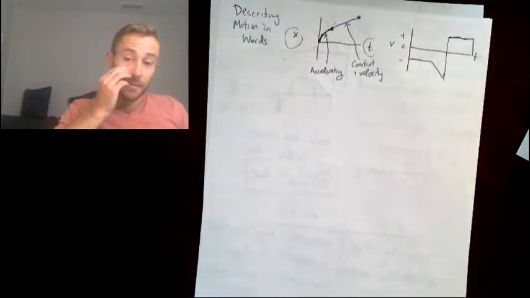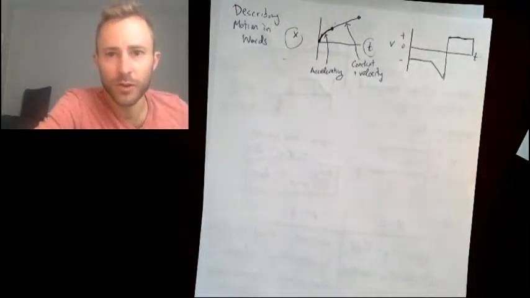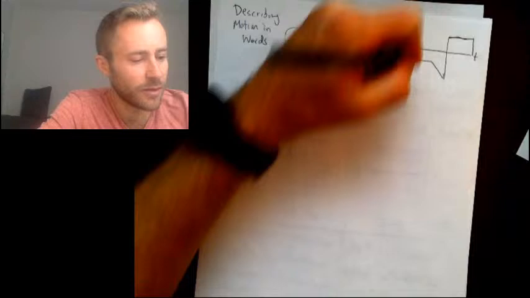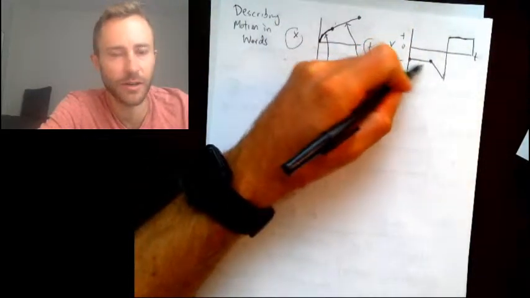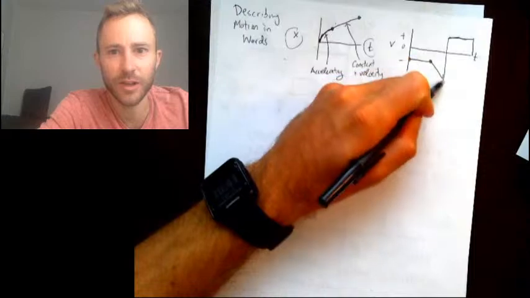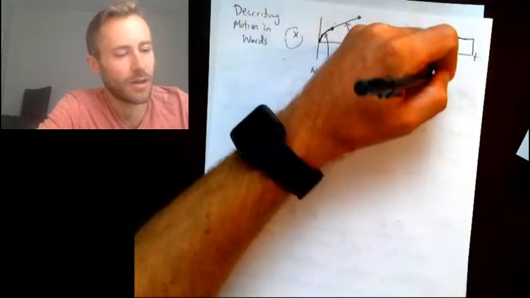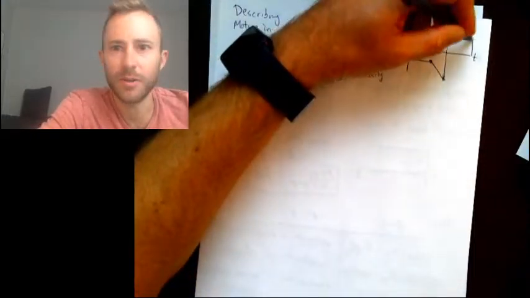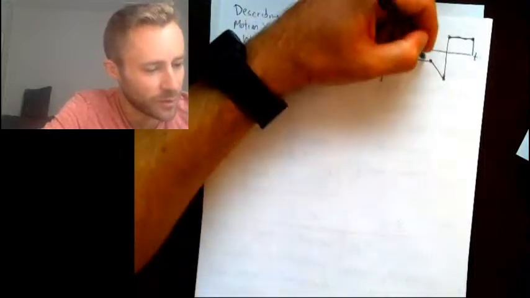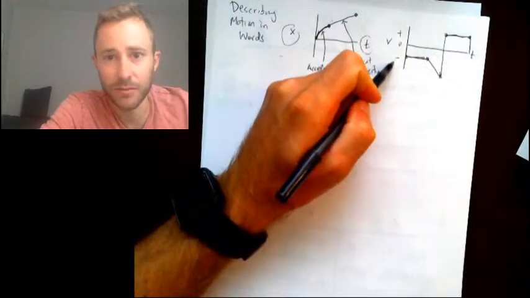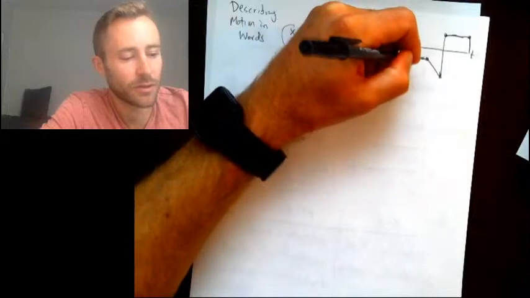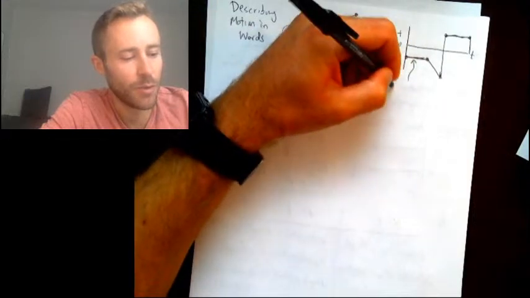So for this velocity time graph, we can see that it has basically three sections. It has this section right here, this section right here, and this section up here. Okay? So for this segment, we have a velocity that is negative. Okay? So that means that it is moving back.